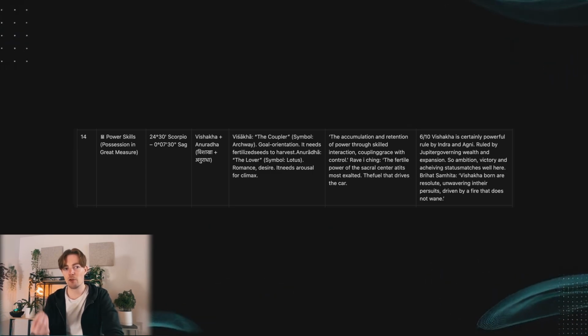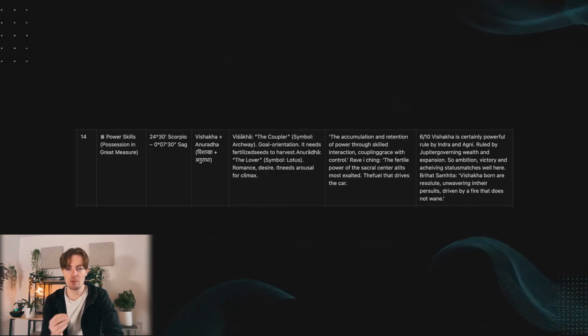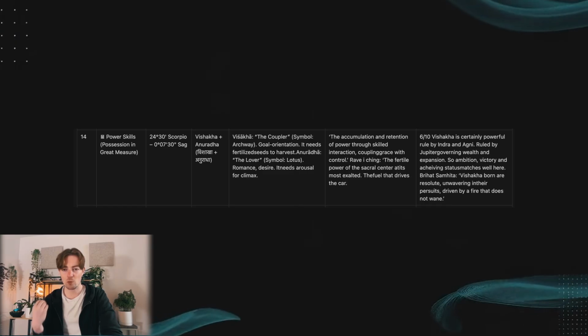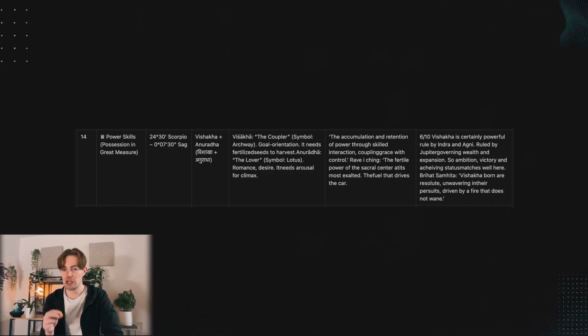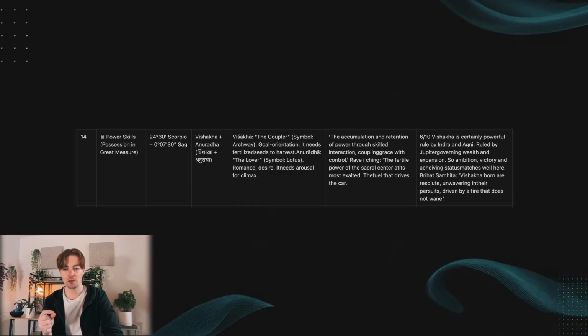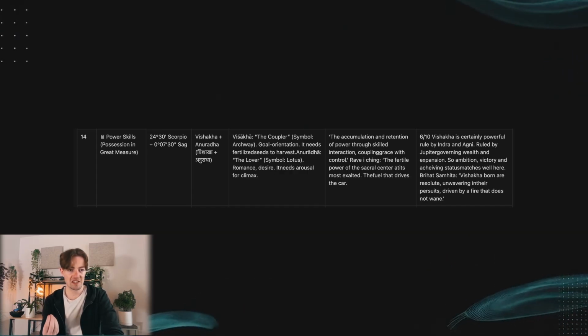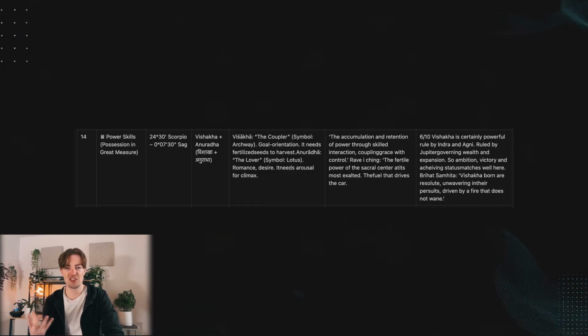The notes I have for gate 14 is the accumulation and retention of power through skilled interaction, coupling grace with control. From the I Ching, the fertile power of the sacral center at its most exalted, the fuel that drives the cars. So this sense of power skill, possession in great measure, I give it 6 out of 10.